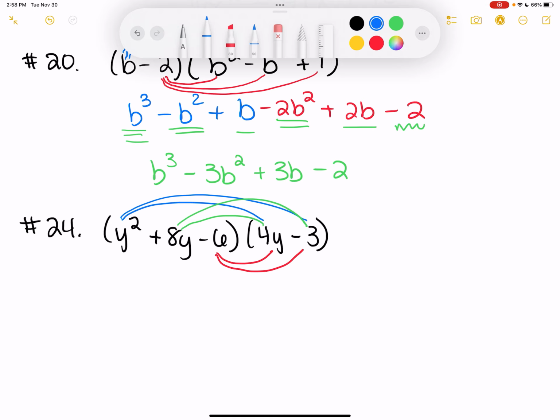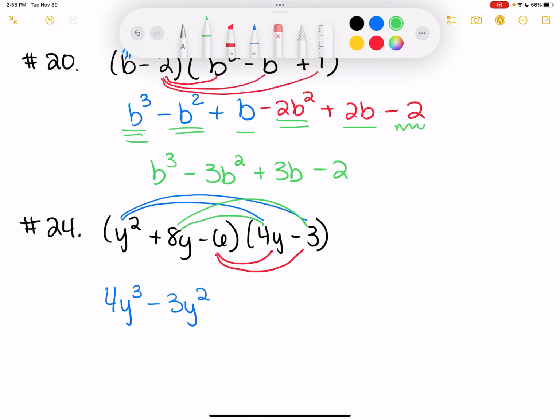Okay? So y squared times 4y is what? 4y to the third. Y squared times negative 3 is negative 3y squared. Now I'm going to do the green one.